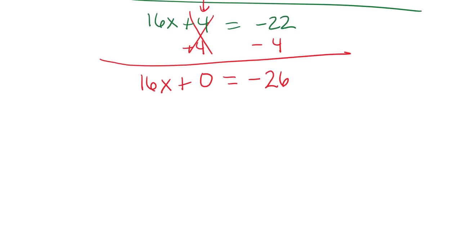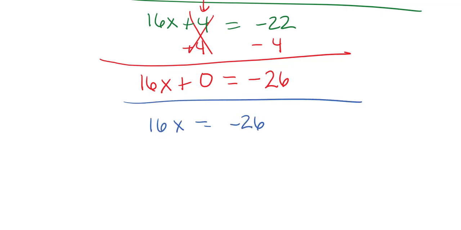If we have negative 26, what do we do next? We need to get x by itself. If we rewrite this, 16x is equal to negative 26. We divide by 16 on both sides. So now x is equal to negative 26 over 16, and that's our answer.